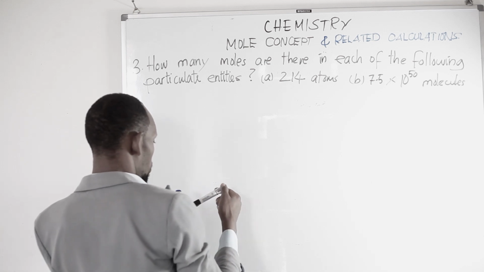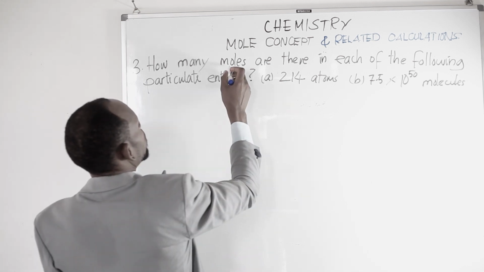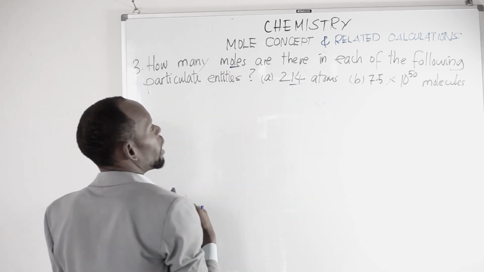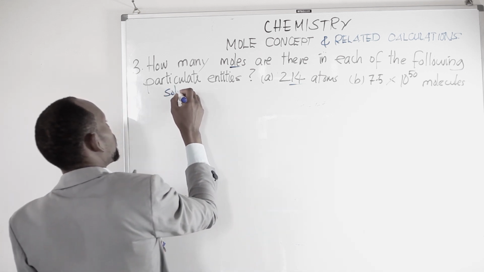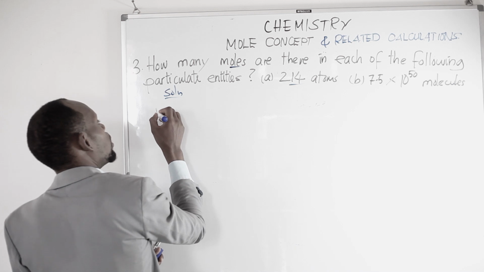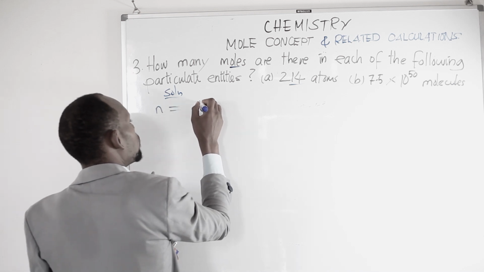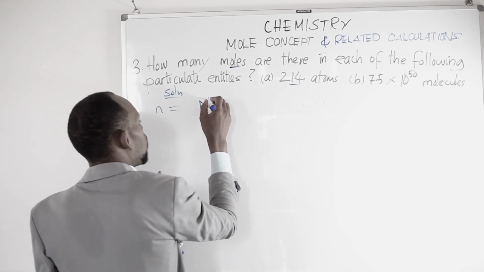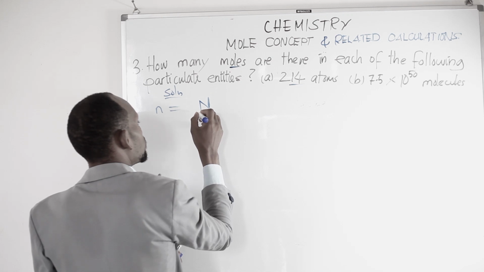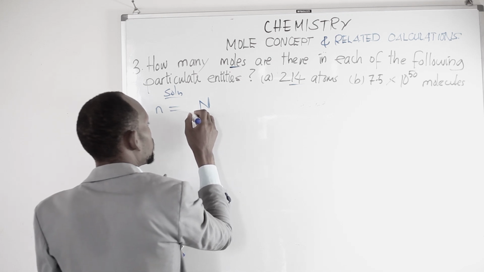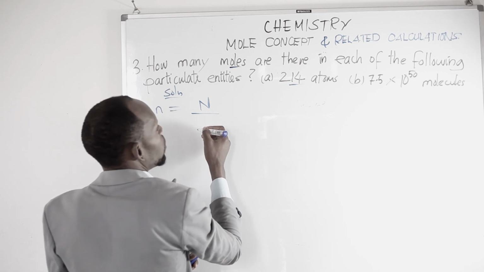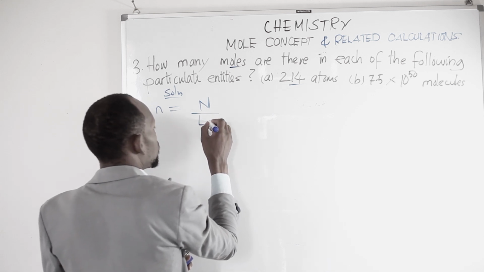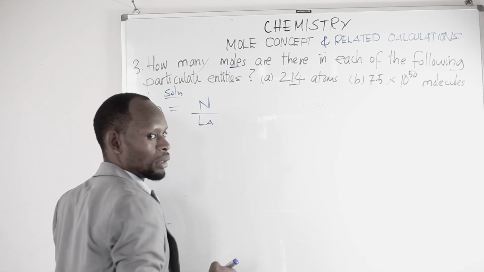So you are asked about the number of moles and you are given the number of atoms. From the formula, the number of moles is given by the number of particulate entities, or number of particles, divided by Avogadro's constant, Avogadro's number.